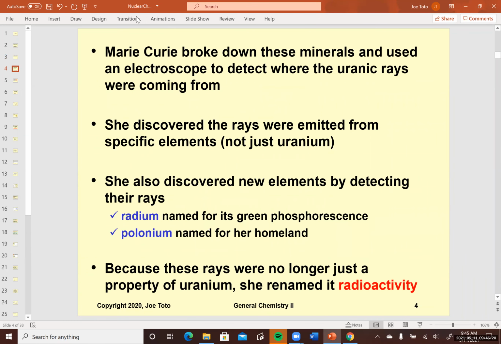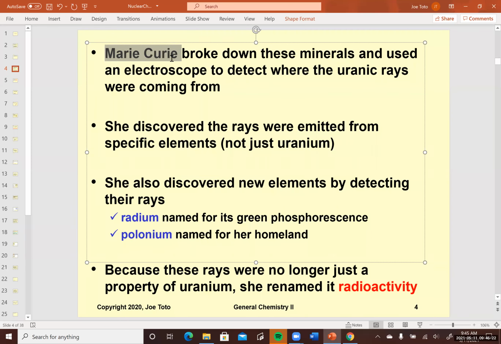All right, so Marie Curie, she was the one to figure out that other atoms also were radioactive, not just uranium. And so that phrase uranic rays was not really appropriate.